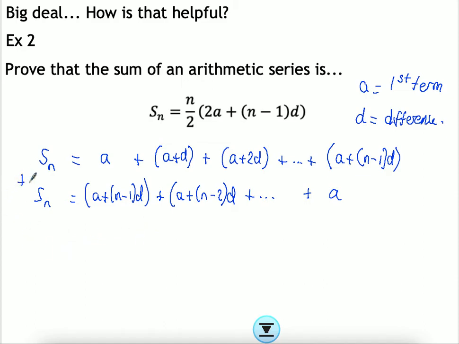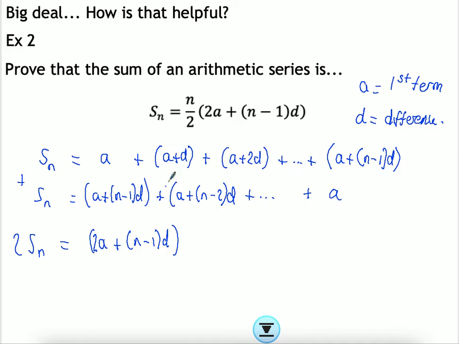We're going to add these two together like we did before. So 2 lots of the sum. If you can see, every single time it's going to add to exactly what we want. We're actually going to get 2a plus n subtract 1 d.